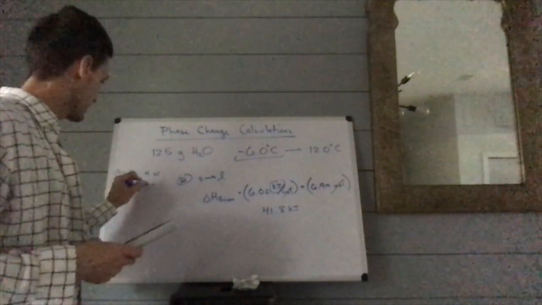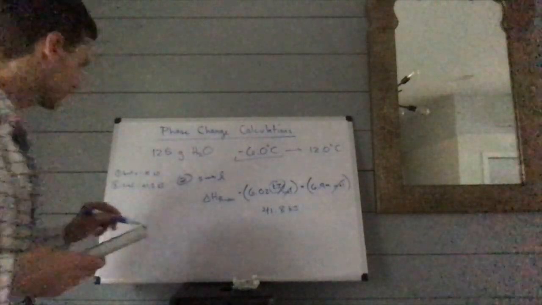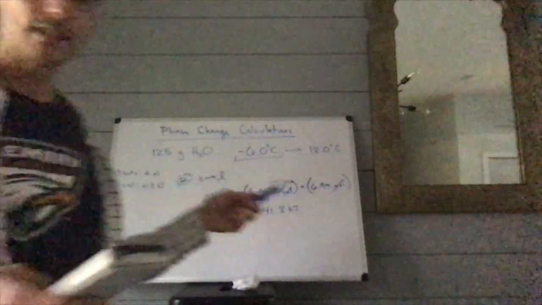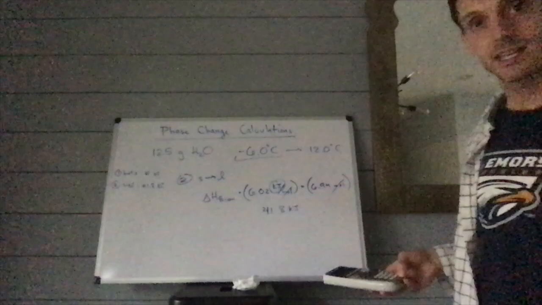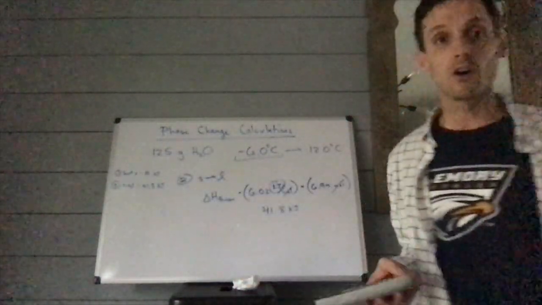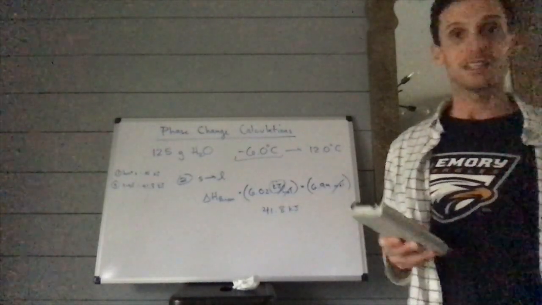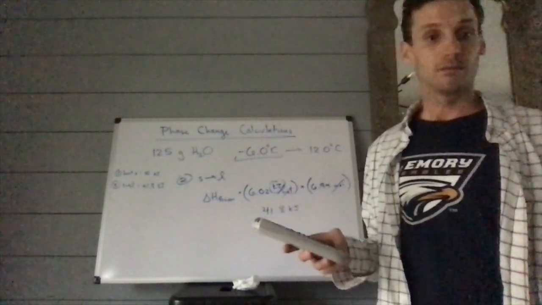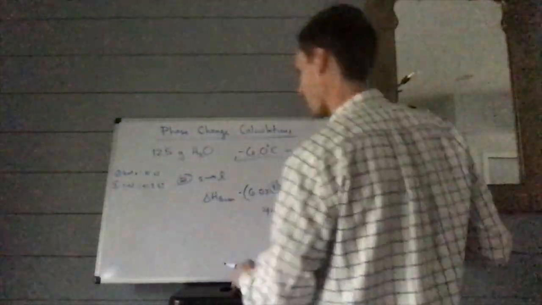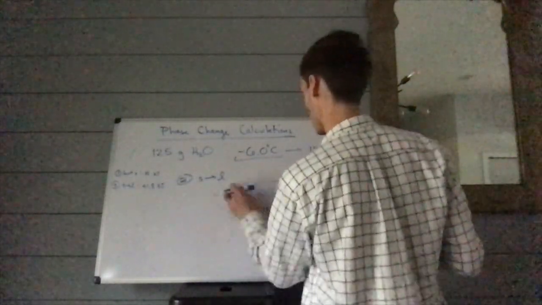And then I can keep this as 41.8 kilojoules. Notice it takes a lot more energy to do the phase changes because you're actually breaking intermolecular forces. In this heating of our solid, all we were doing was just increasing the velocity of the movement of the particles.